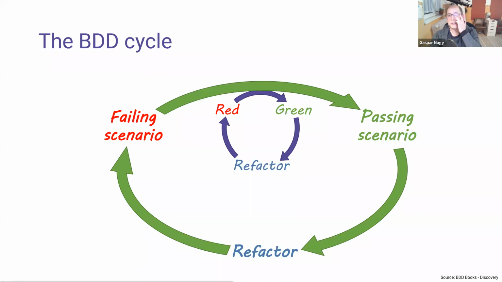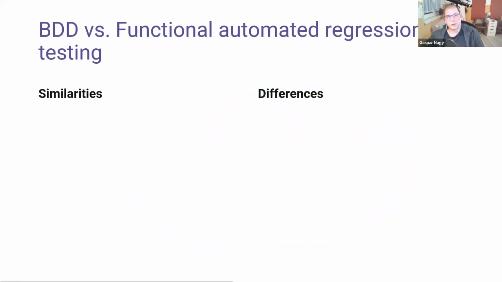But of course, even if you have a passing scenario, it makes sense to think about refactoring, cleaning up your production code and your test code, so that it will be better maintainable long term. So that was the BDD and TDD comparison. The next important comparison that I want to mention is BDD versus automated functional regression testing, so other kinds of automated functional tests.